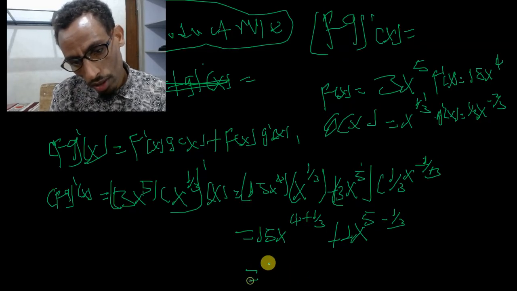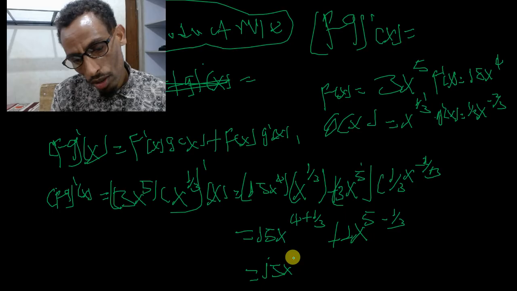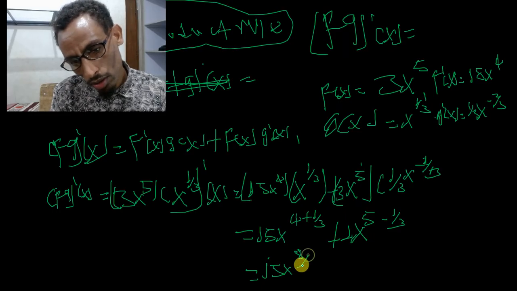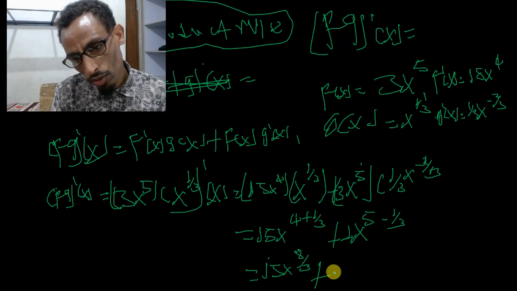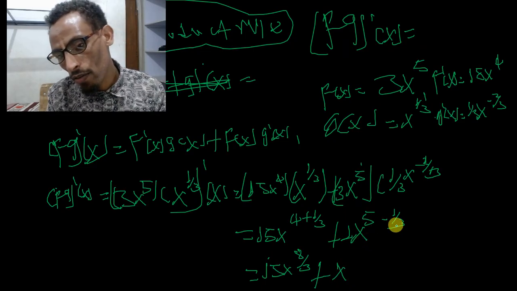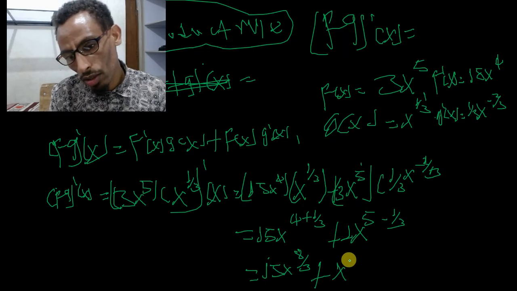Now we get 15 x to the power of 13 over 3 plus x to the power of 13 over 3.